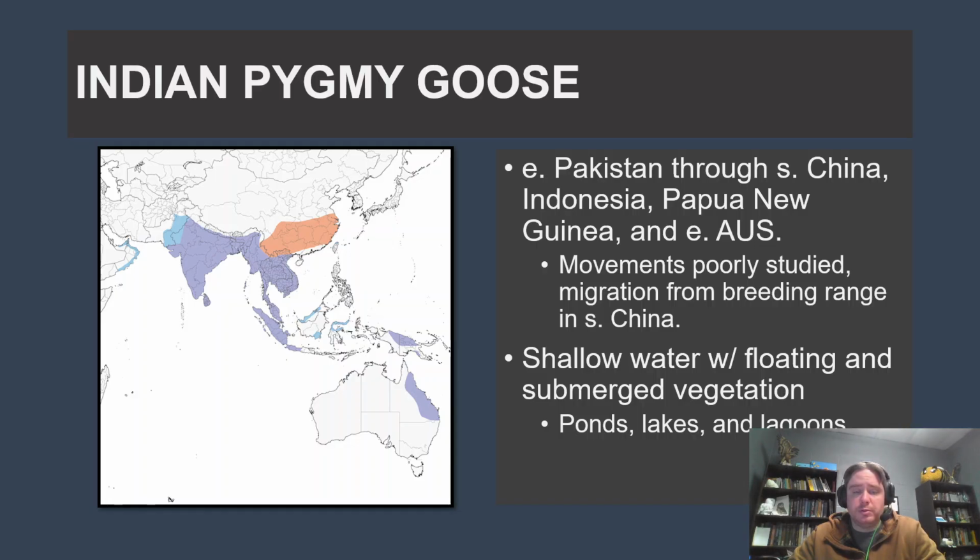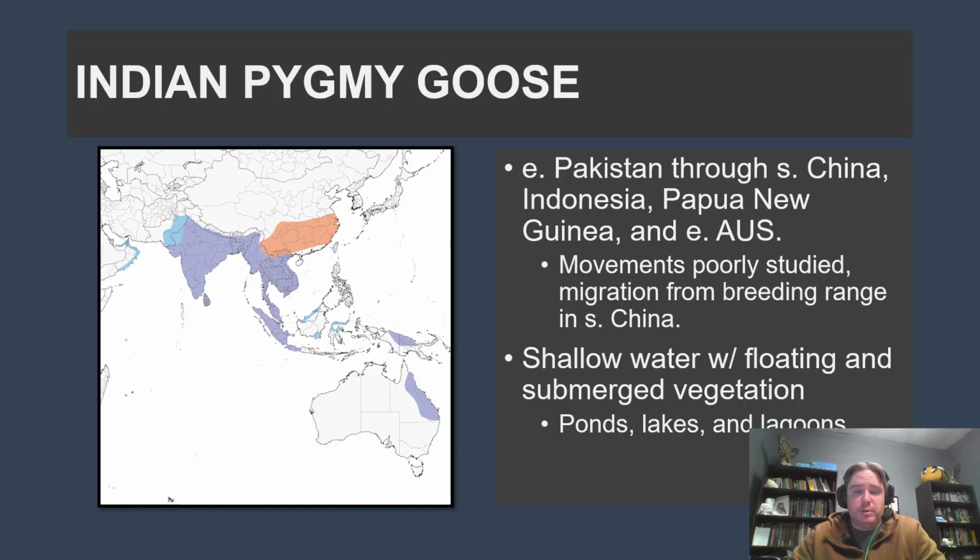The cotton pygmy goose is found in eastern Pakistan through southern China, and then through Indonesia, Papua New Guinea, and even down into eastern Australia. Its movements are fairly poorly studied, so that's the case with several of these birds, where the movements aren't that well known, but we have some information.